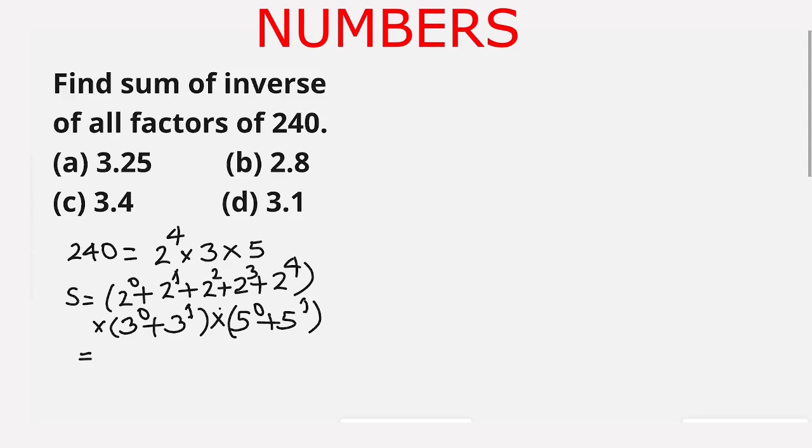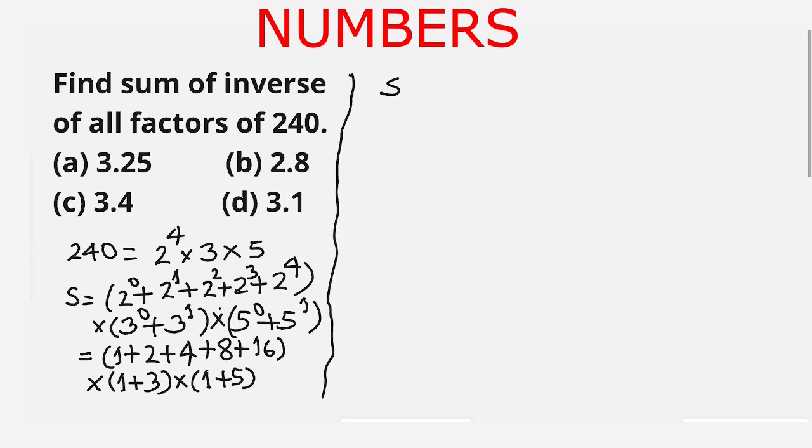This is equal to 2 to the power 0 is 1 plus 2 to the power 1 is 2 plus 2 to the power 2 is 4 plus 2 to the power 3 is 8 plus 2 to the power 4 is 16, multiplied by 3 to the power 0 is 1 plus 3 to the power 1 is 3, multiplied by 5 to the power 0 is 1 plus 5 to the power 1 is 5.